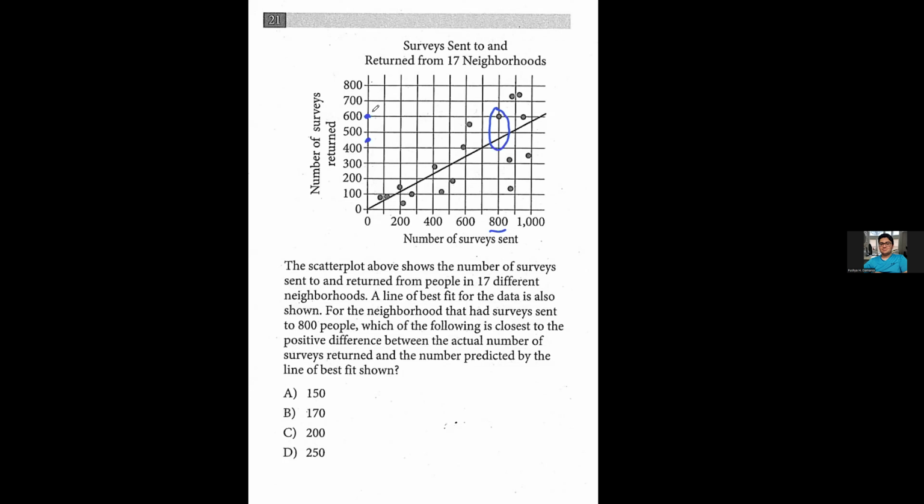What is the difference? 150, approximately. So the correct answer is answer choice A. If you're not 100% sure, you could find the actual line of best fit value at that point instead of just using the graph. But yeah, the correct answer is A.